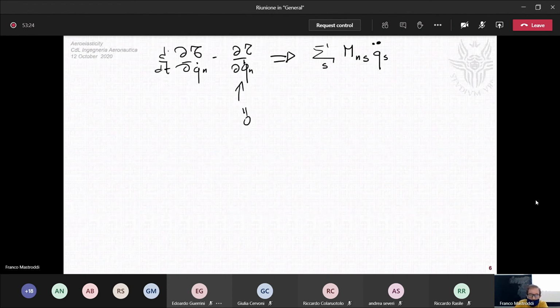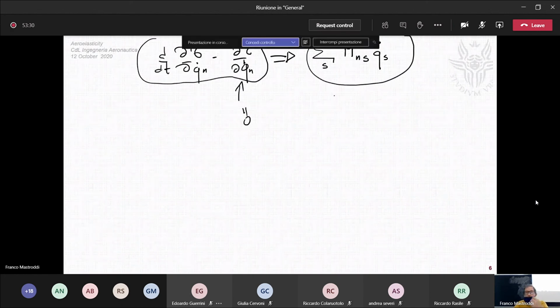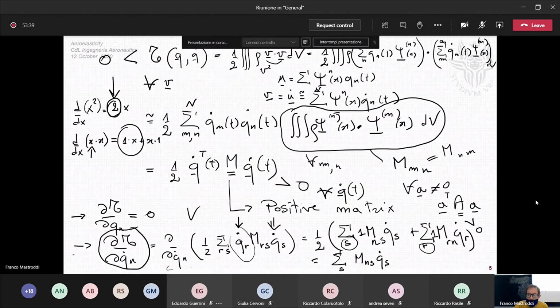So this term of the Lagrange equation of motion is exactly this term here, in general, where the mass matrix is given by this. And I have concluded my lecture today, where the mass matrix is this definition here.